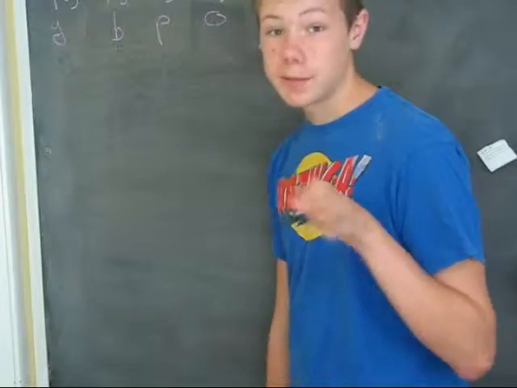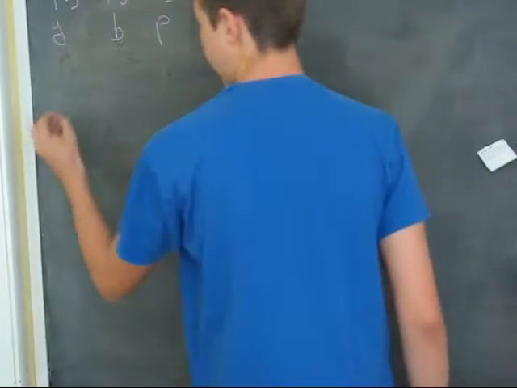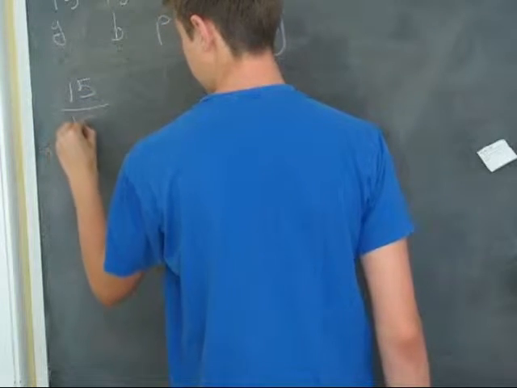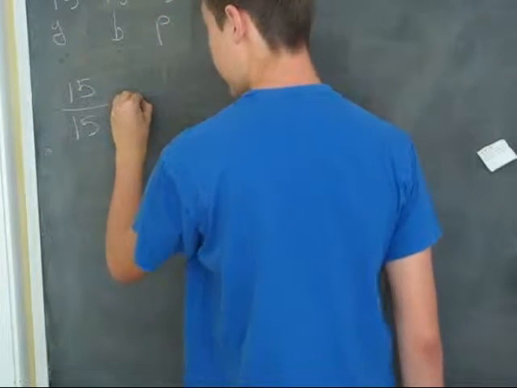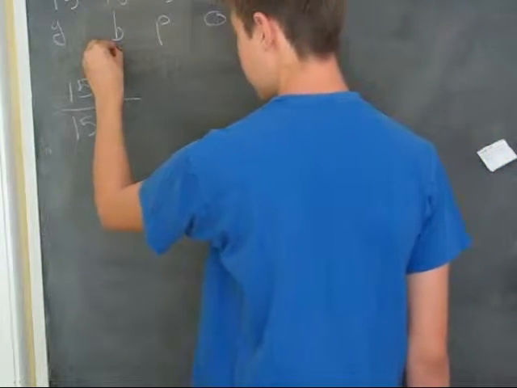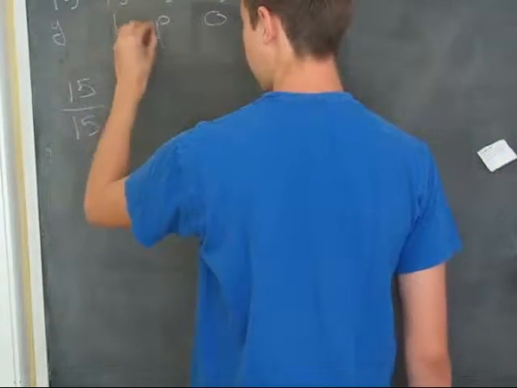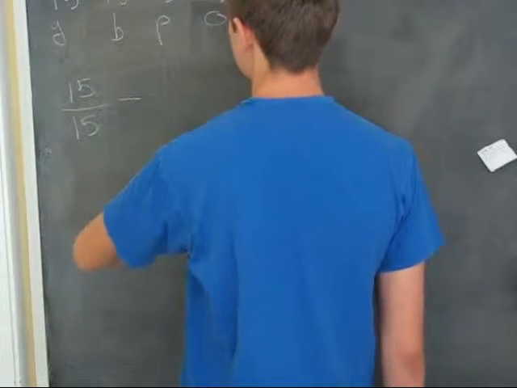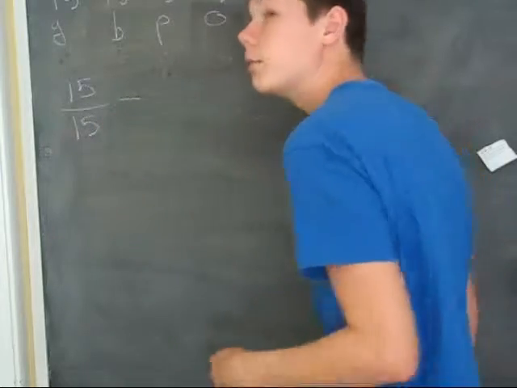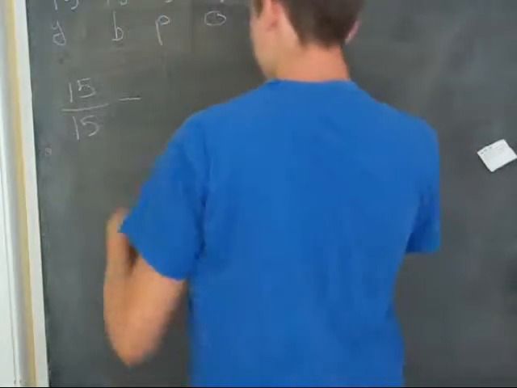I'm going to make this simpler by just doing it. So if you take 15 out of 15 and subtract the probability of blue plus the probability of purple. The probability of blue is 2 out of 15, the probability of purple is 1 out of 5, which is 3 out of 15, so 2 plus 3 is 5 out of 15.